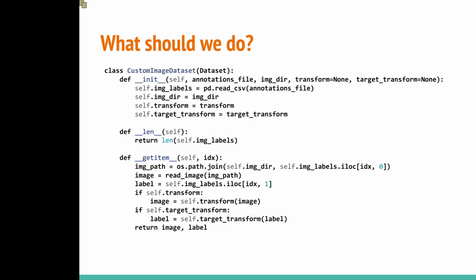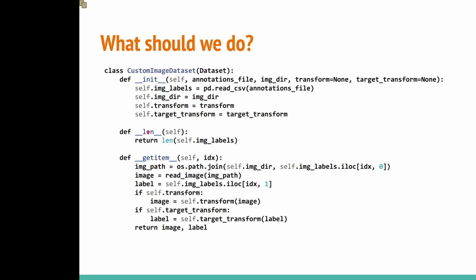So here is the example for the custom image dataset. We have a label file and an image directory. In the constructor, we just read the annotation file, which is a CSV file. We're using the Pandas module to read the data, and then we store where the images are stored.